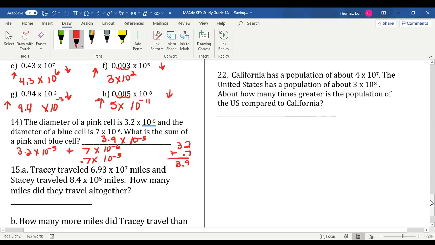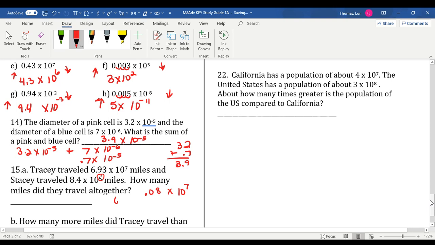So Tracy traveled this much and Stacy traveled this much. How many did they travel together? So we're going to adjust this to a 7. So we're going to have 10 to the 7th. And so I have to decrease this side by moving it twice.